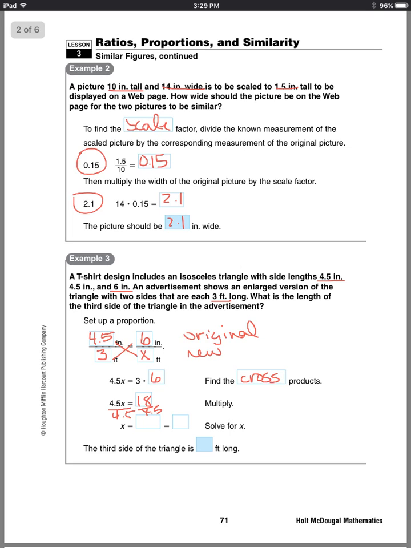That is 18 over 4.5, which really tells us nothing. But if we divide it, we get 4. So the third side of the triangle is 4 feet long. And you can know you possibly have that right, because the third side of the little triangle was longer than the two similar sides, so the third side has to be longer than 3 feet.